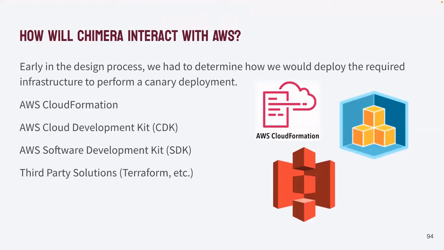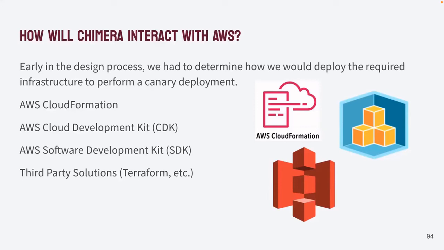CloudFormation and the Cloud Development Kit are both infrastructure as code options. CloudFormation allows you to deploy AWS resources by providing template files that describe your intended infrastructure. And the CDK is closely related to this. It's a library that is available for several programming languages that allow you to actually design the infrastructure using a familiar programming language.